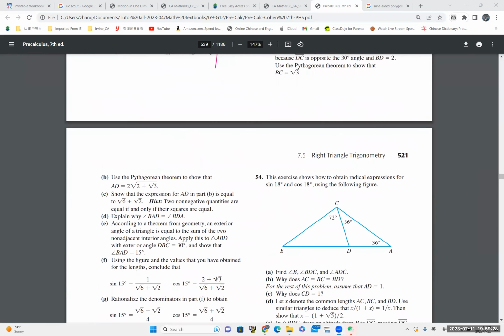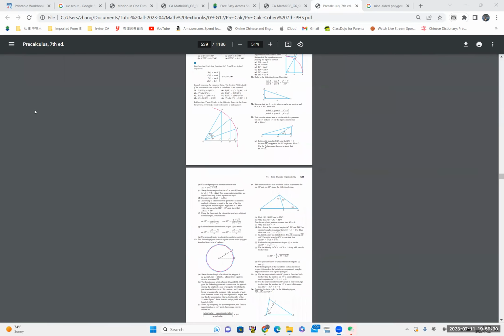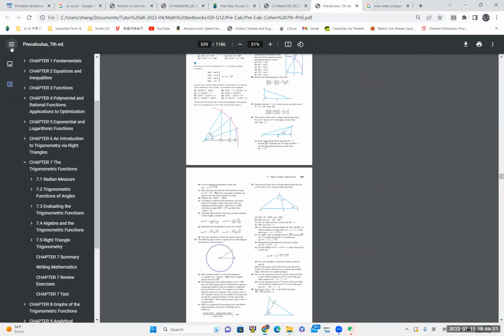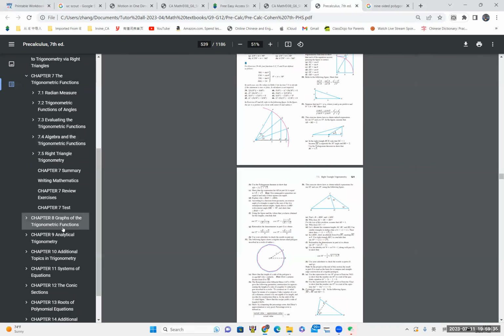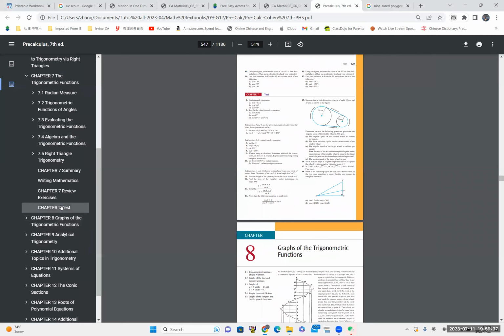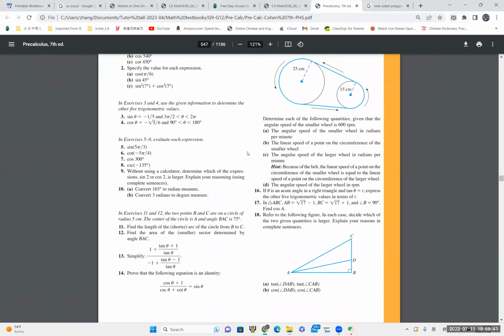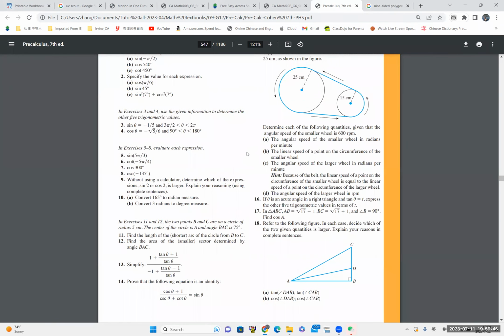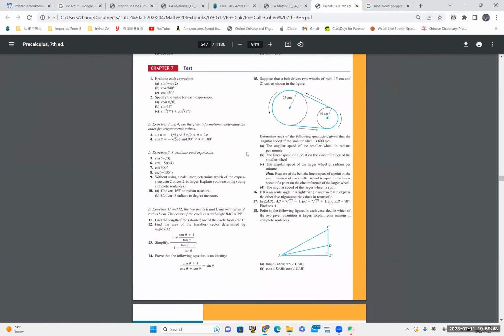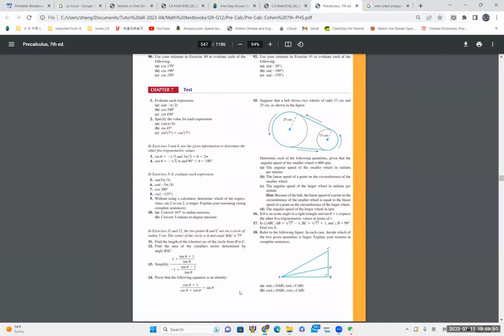Okay, let's stop here. Then your homework. Let's quickly mention the homework: Chapter 7, Chapter test. This time I would like you to show your homework.